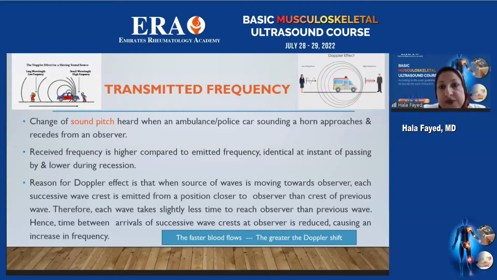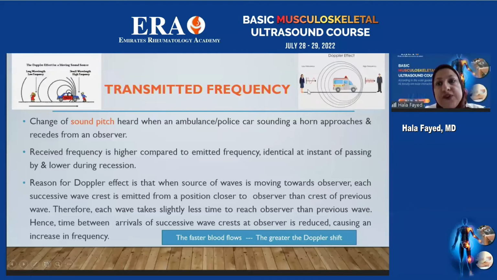The transmitted frequency. We can explain this as the sound of a moving ambulance or a police car. Usually, the one behind the car will hear the sound lower, and the one in front will hear the sound higher.